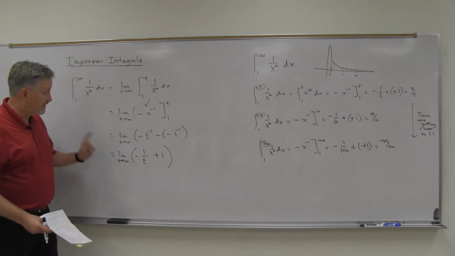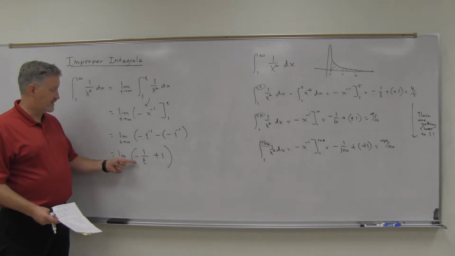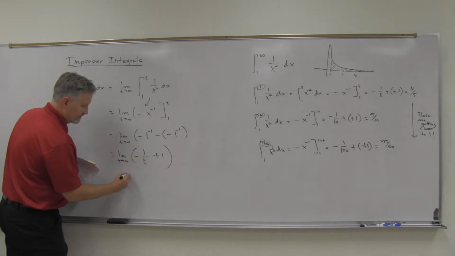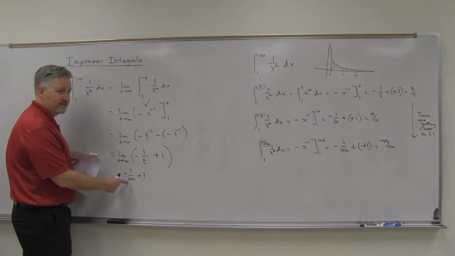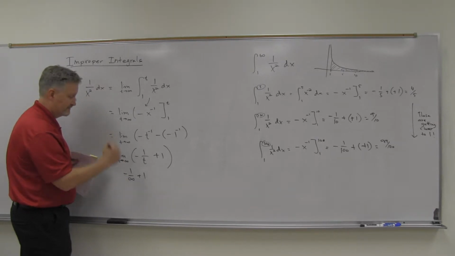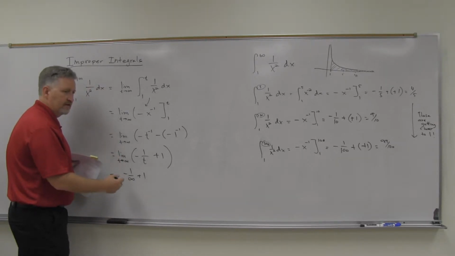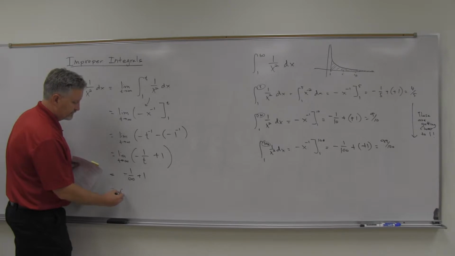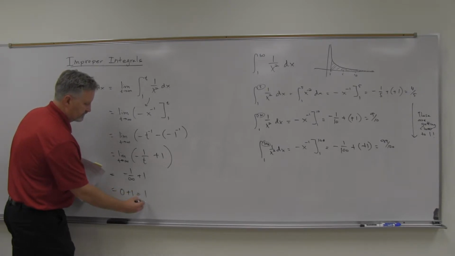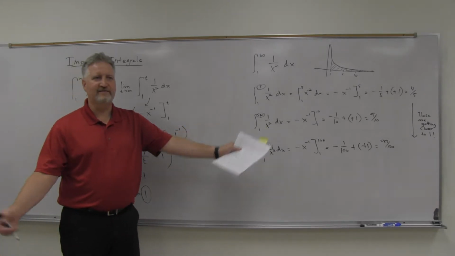But this one's pretty easy because I just make that substitution there. We know about that, don't we? 1 divided by an infinitely large number, a 0, isn't it? Yeah, 1 over infinity or negative 1 over infinity. Anything over infinity, number-wise, that's 0. Ta-da. What we thought it was.